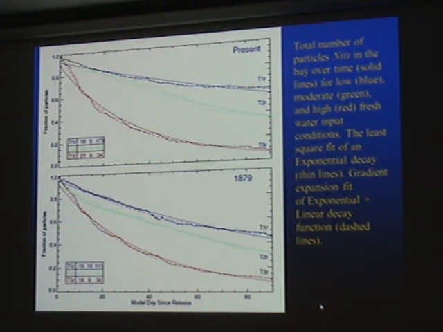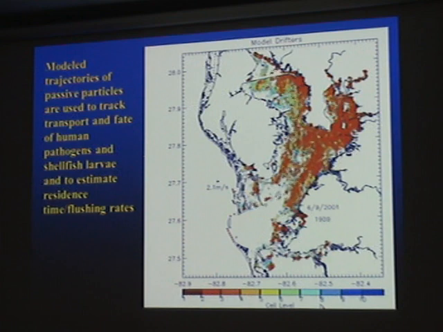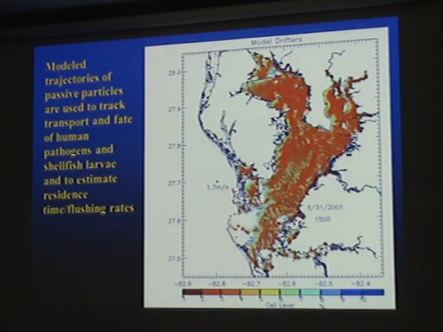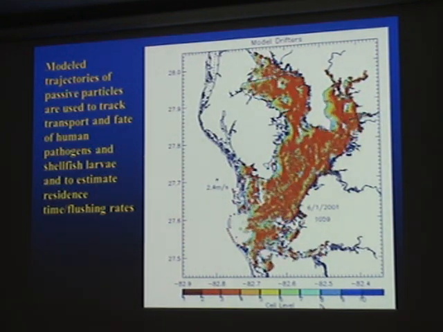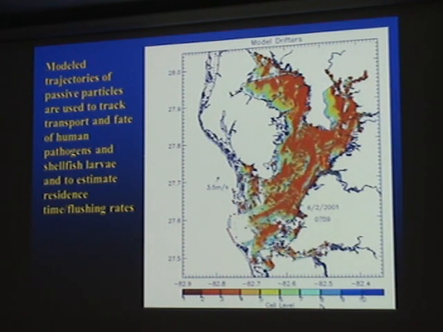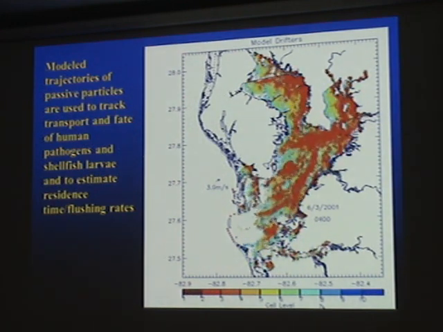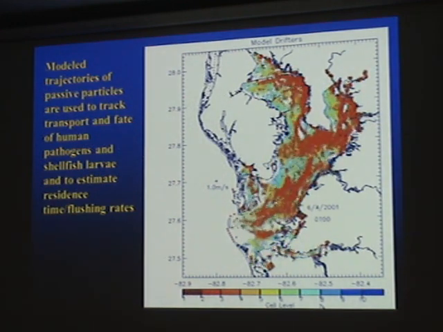Mark, is that a lunar cycle that's imposed on there? You know, the sort of sinusoidal wave on the red line? It's possible. I'm not sure, because, as you can tell from this, the way the particles are sloshed around is fairly chaotic. Sometimes the particles will converge, and other times they get swept out the mouth of the bay.